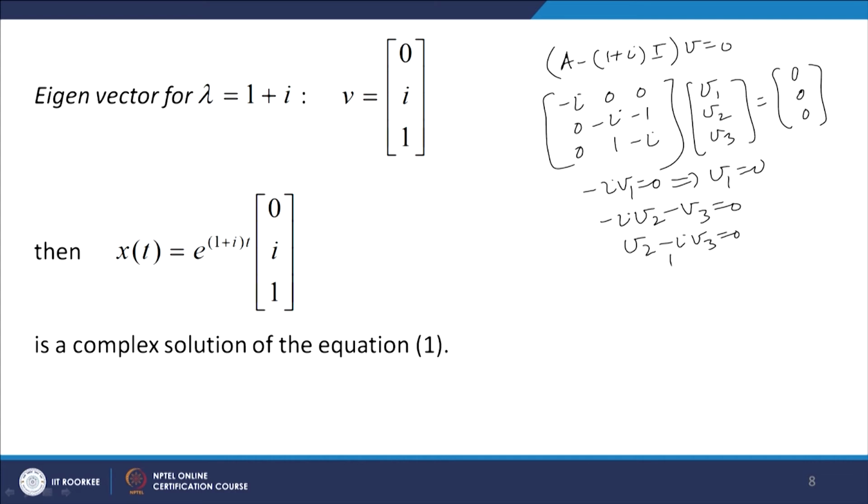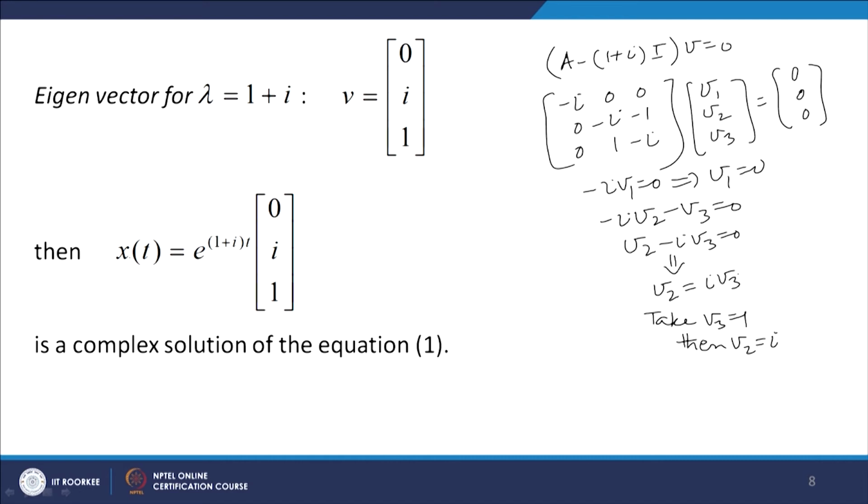So, the second and third equations give you b2 equal to i b3. Taking b3 equal to 1, then b2 equal to i. So, we get b1 is 0, so 0 i 1. That is the eigenvector corresponding to lambda equal to 1 plus i.